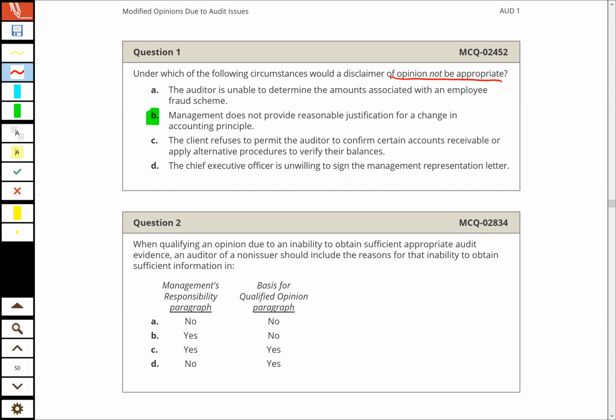We haven't talked about the management rep letter, and we won't for a while, but it is a required piece of audit evidence. So if management refuses to give me something, that's a scope limitation imposed by management again. So then you look back and you're like, well, wait a minute. The only one that really talks about accounting principles that would have me on the adverse, qualified to adverse side of the chart is B. Okay.